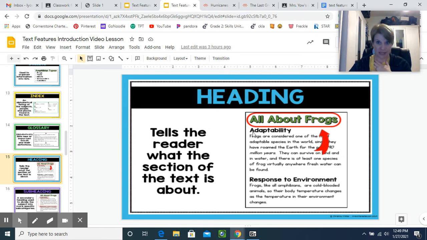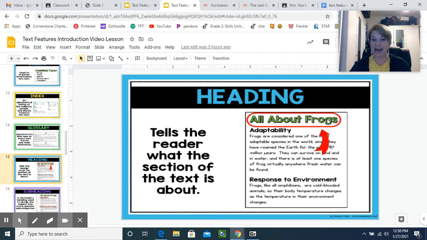So underneath that, we're going to talk about the next part, but adaptability and response to environment, those two things are both talking about giraffes, pigs. No, they're talking about frogs, because remember, our heading says it's all about frogs. So this is the adaptability and response to environment for frogs. So that is my heading, okay?